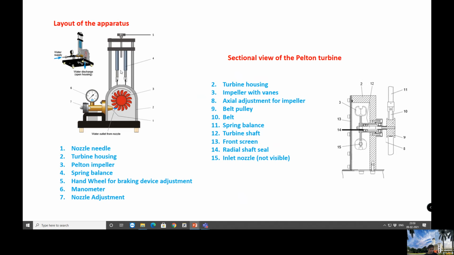This braking system is used to measure the tension developed in these two strings, and based on these differential forces and the torque thus developed, we are able to calculate the torque. We are going to see that also in the numerical. You see the water supply from here, and the water discharge is from here.